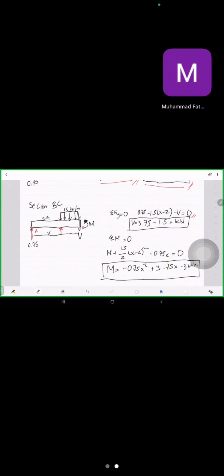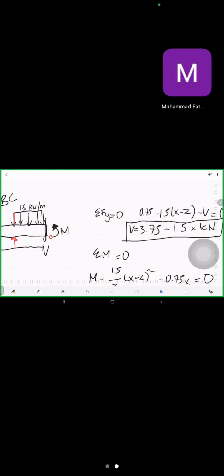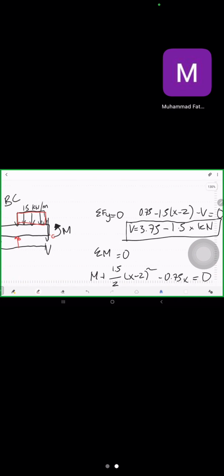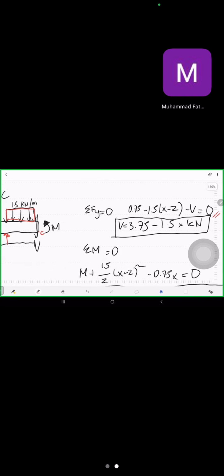Okay, so that's for the resultant, and also we have negative V, which is the shear force acting on point C. We have V in the negative direction on point C, and also the moment M on point C, which is in the positive direction.